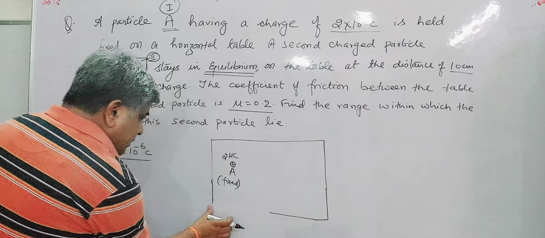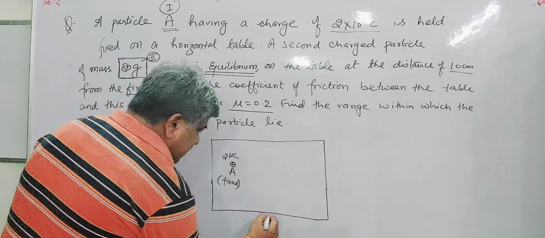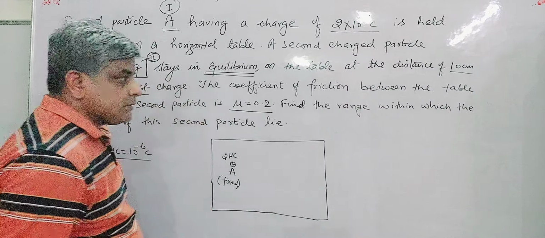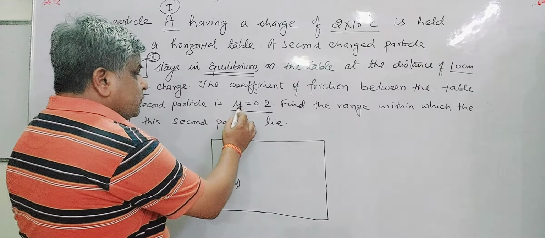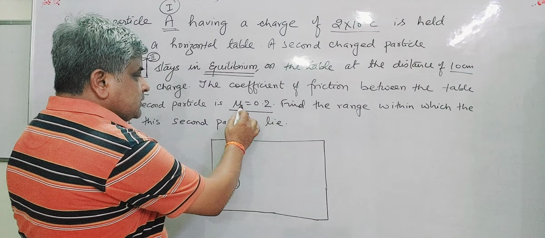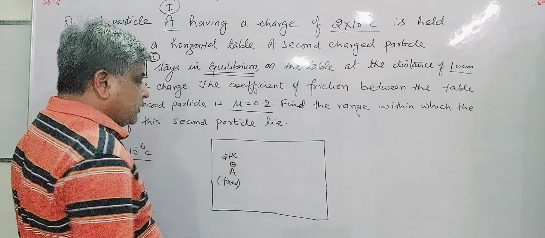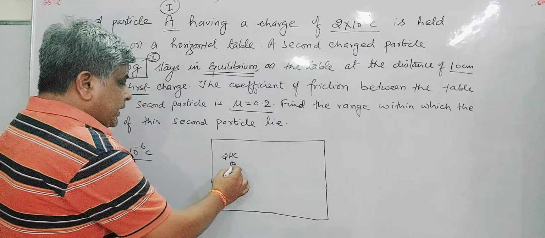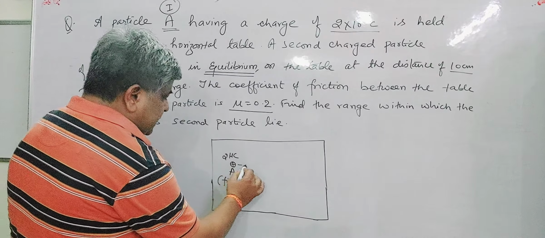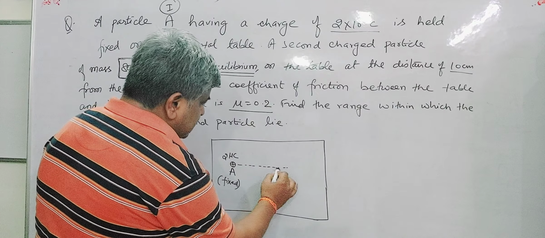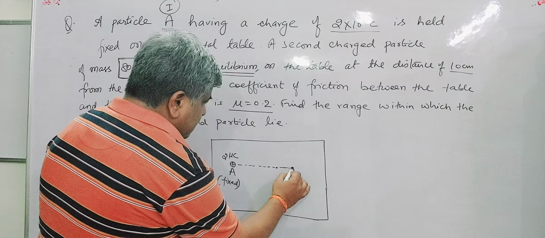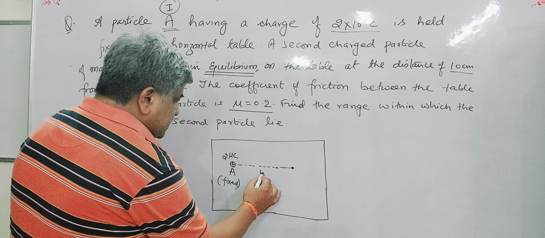Okay. Now this table is not frictionless. It has some coefficient of friction which is given, mu is equal to 0.2. And at some distance, suppose the distance is given, 10 centimeter.